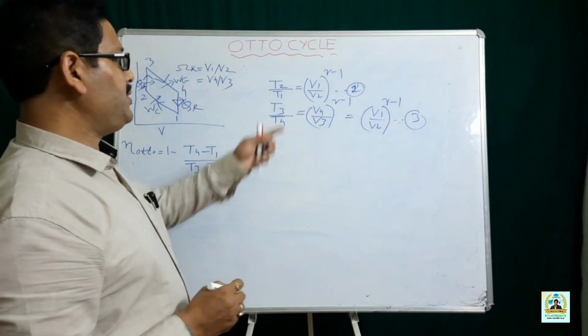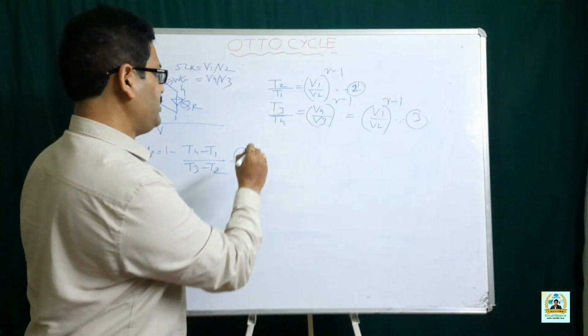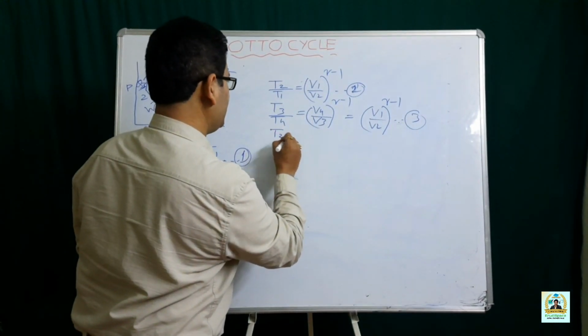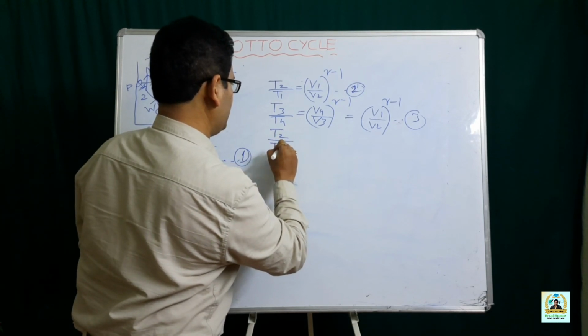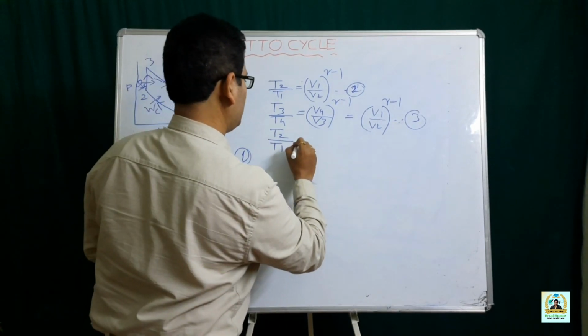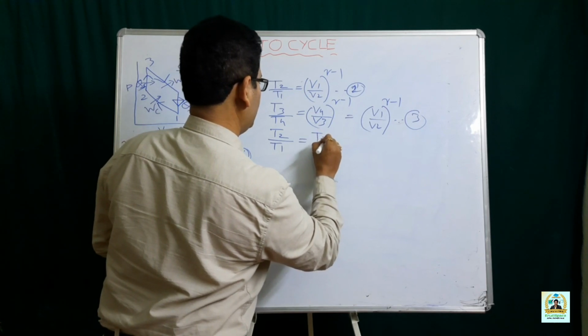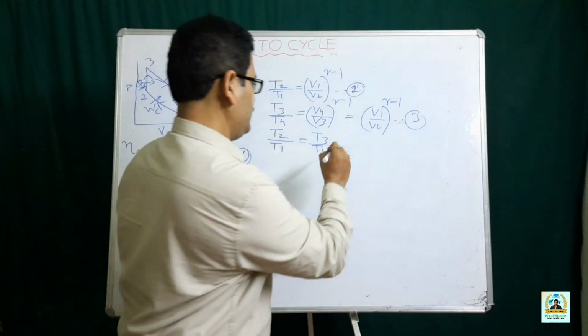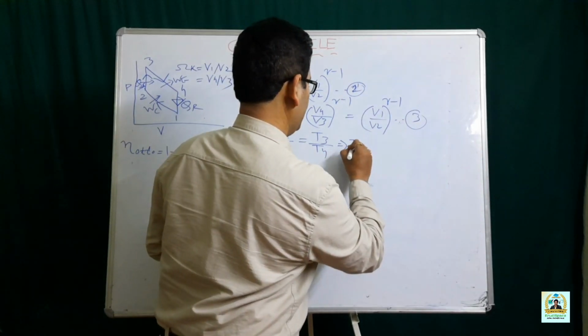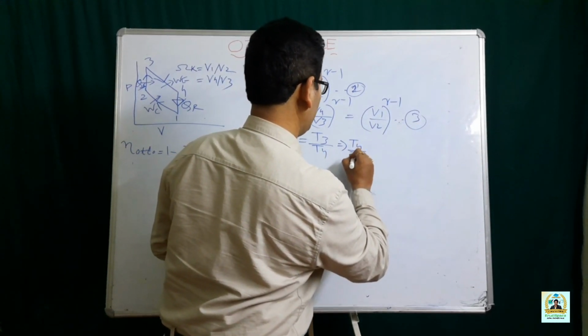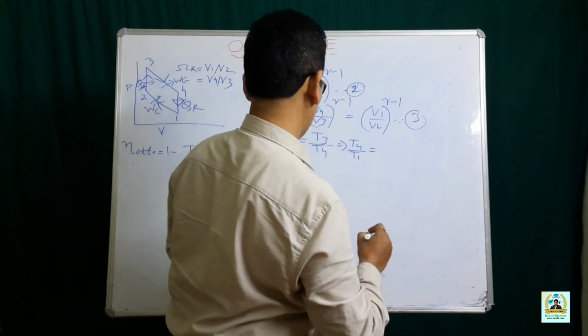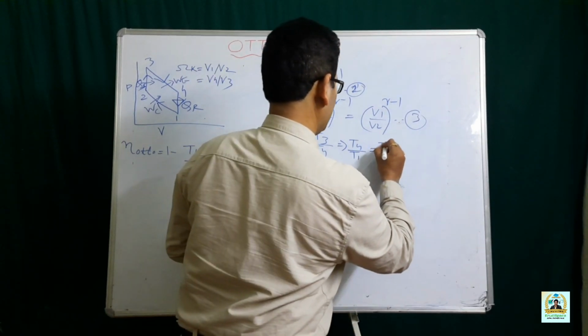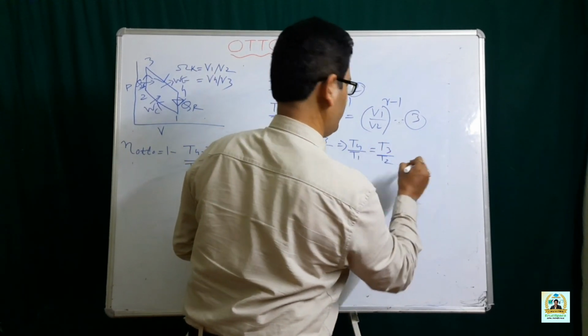Now, from equations 2 and 3, we get T2 by T1 is equal to T3 by T4. This implies T4 by T1 is equal to T3 by T2.